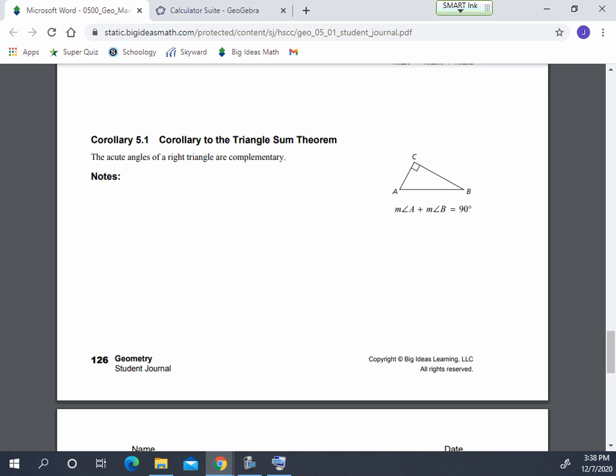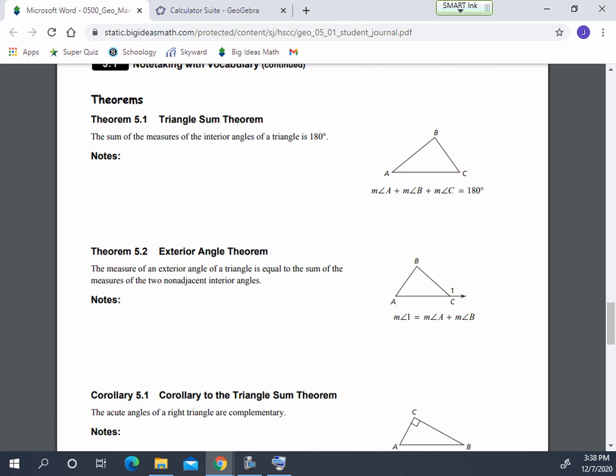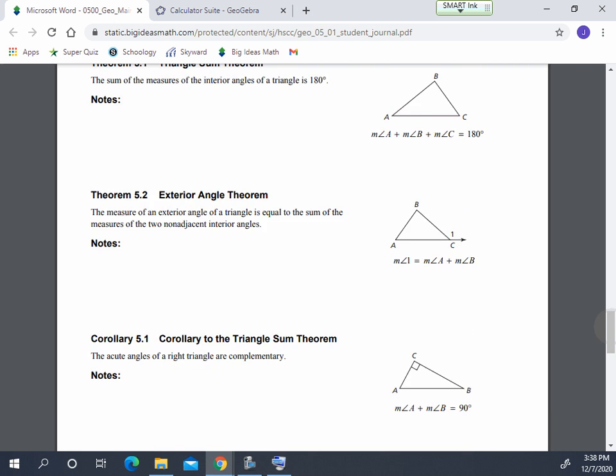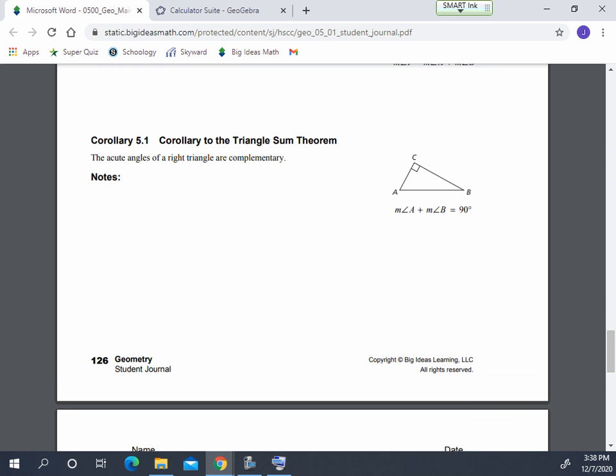This is what I just showed you. The acute angles of a right triangle are complementary. Well, the triangle sum theorem is that all angles add up to 180 degrees. The corollary to that is that the acute angles of a right triangle are complementary. I just showed that up above.